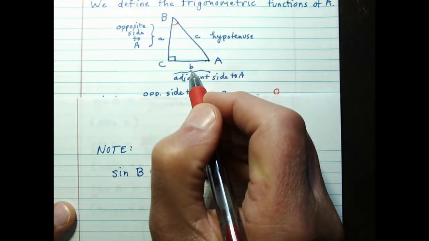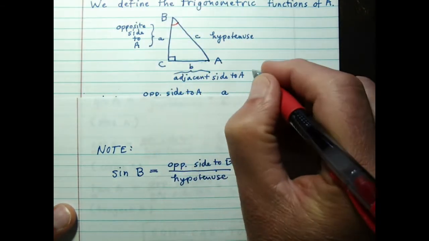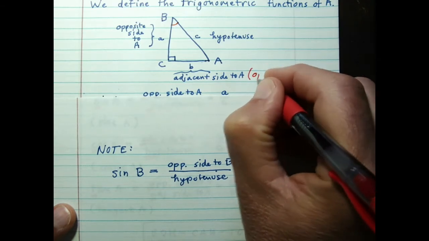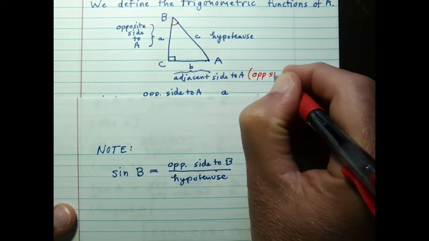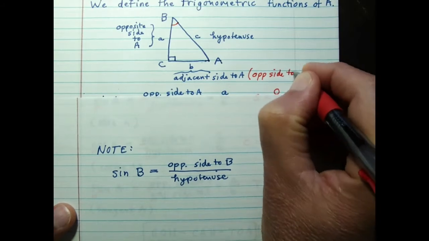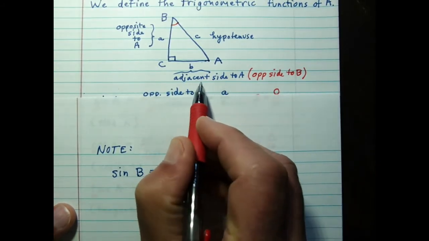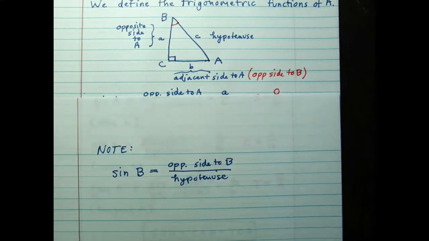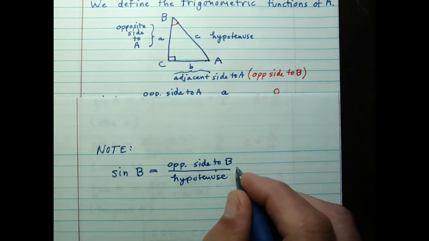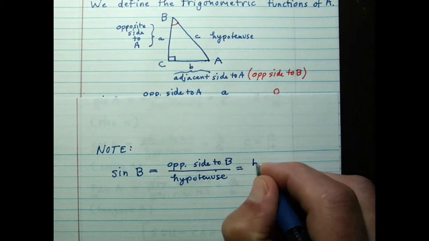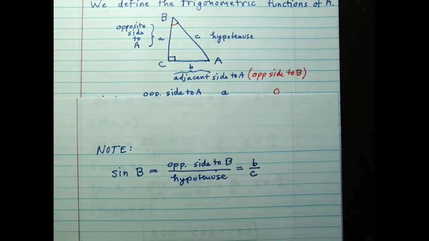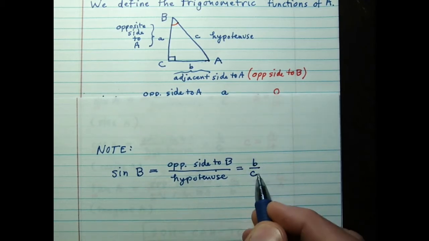Across from angle B is the opposite side to B, so the opposite side to B is actually the adjacent side to A, right? So from B's perspective, little b over c. Sine of capital B is little b over c.